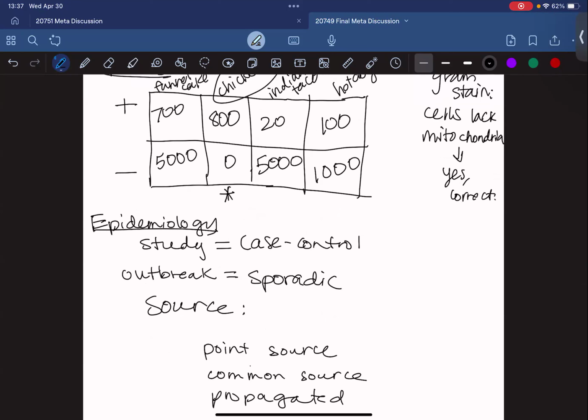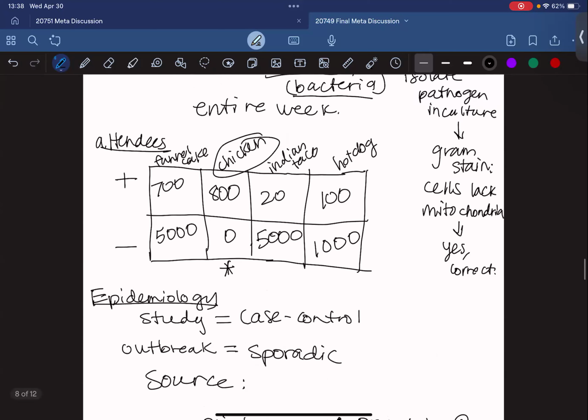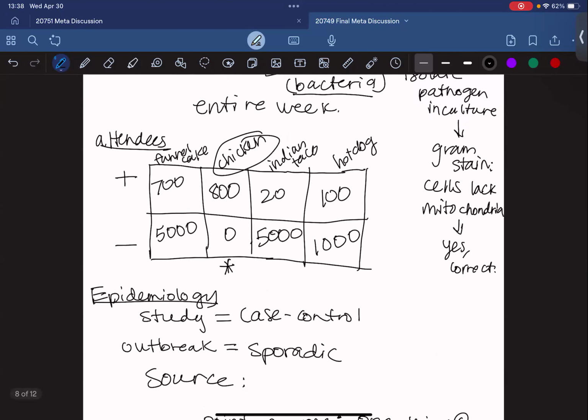And so this, I would say, is a common source, not a point. A point source would be one particular thing at a particular instant in time. I walk into the classroom and I sneeze, and then people get COVID after that, then that would be a point source. We knew that this came from this one sneeze.